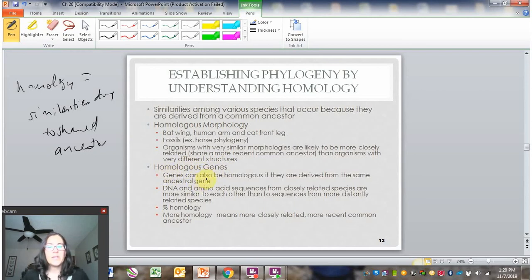The more closely related organisms are, the more similar their genes are going to be. And so this allows us to have percent homologies. So, you can say two organisms are 99% homologous or 75% homologous. And again, the implication is that the more homology, the higher this number, the more closely related the organisms are, and the more recently they shared a common ancestor.